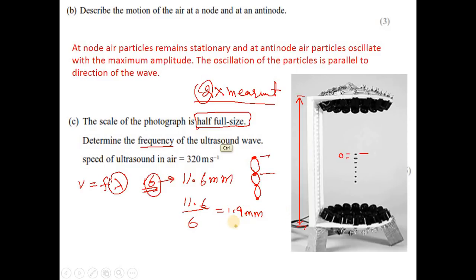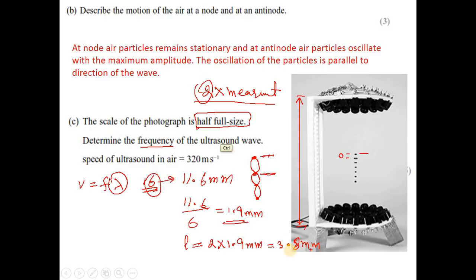So this is the length of one loop. Of course, for a scale diagram, I have to multiply the measurement by 2. So the actual length of one loop is 2 times 1.9. The actual length of the loop L is 2 times 1.9 millimeter, and then the length is 3.8 millimeter.